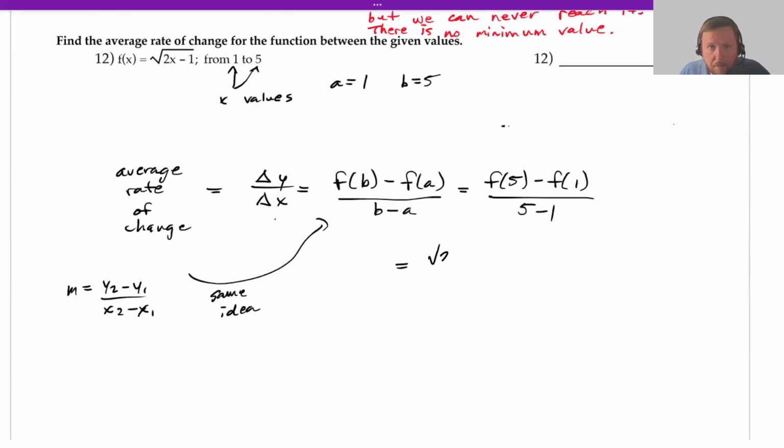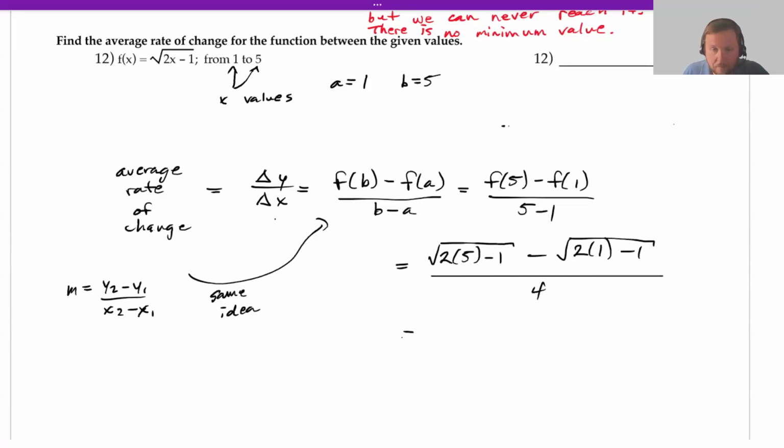So f of 5 is 2 times 5 minus 1 inside of a square root, minus f of 1, which is the square root of 2 times 1 minus 1. And then that's all over 4. So that's the square root of 9, which is 3, minus 1, over 4. So I get 2 over 4, which is 1/2.